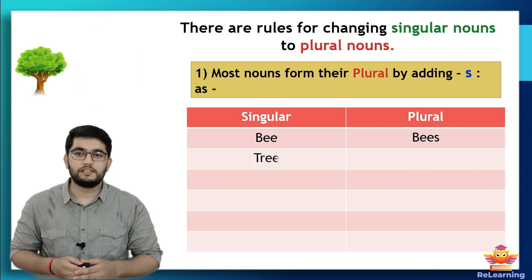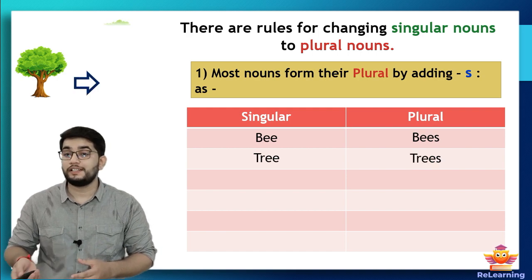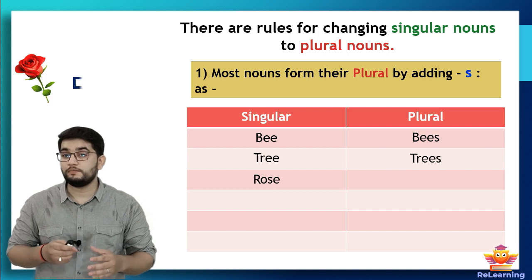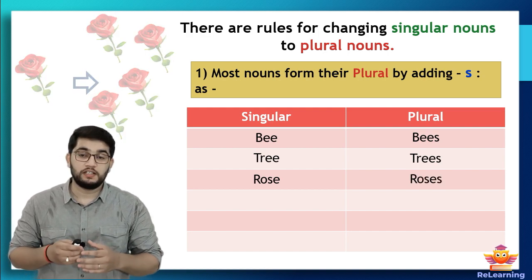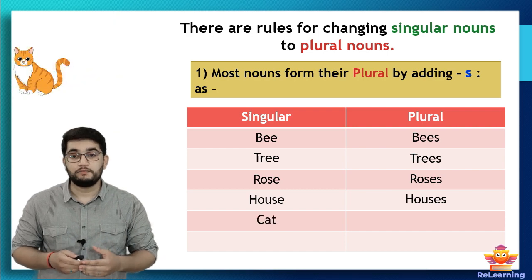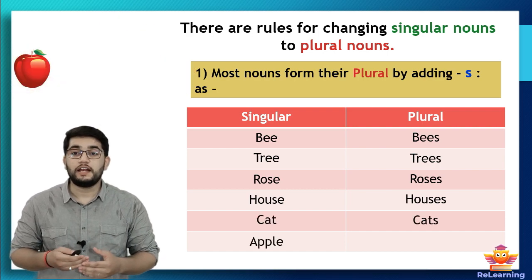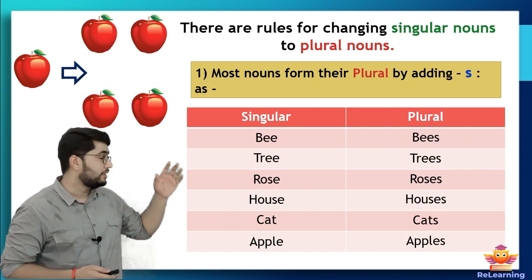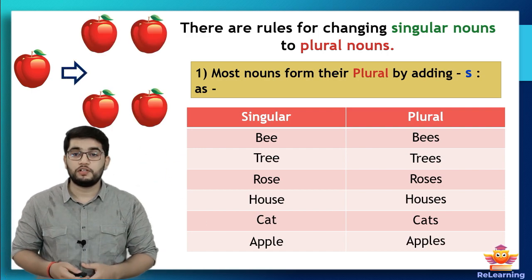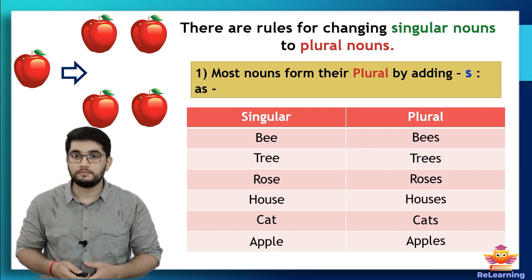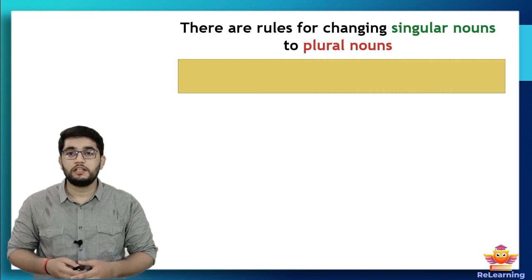Next example is tree, which becomes trees, while rose by adding s becomes roses. House becomes houses, cat becomes cats, and apple becomes apples. So these all are the examples for changing the singular noun to plural by adding s at the end. Let's see the next one.